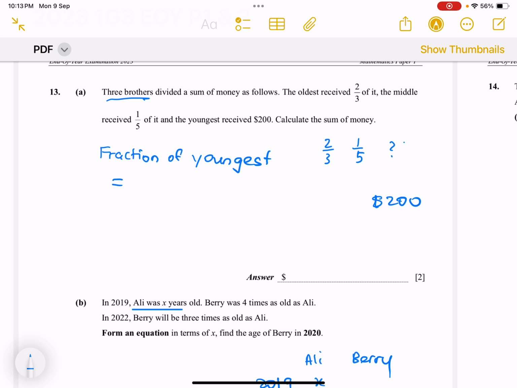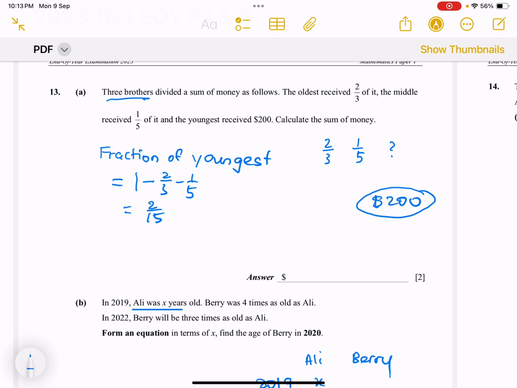So what we need to do is to take 1, that's the whole sum of money, minus away 2/3, minus away 1/5, and you can use your calculator. You will have 2/15. Right, so the youngest has 2/15, and this 2/15 represents 200.